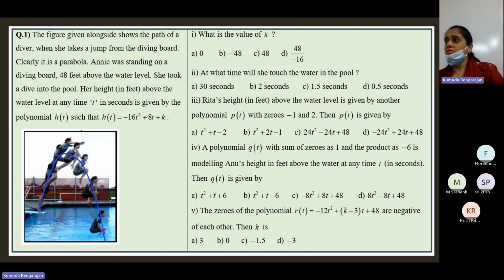Can I just finish this and come back there? Yeah, the last one I'll do it here itself.